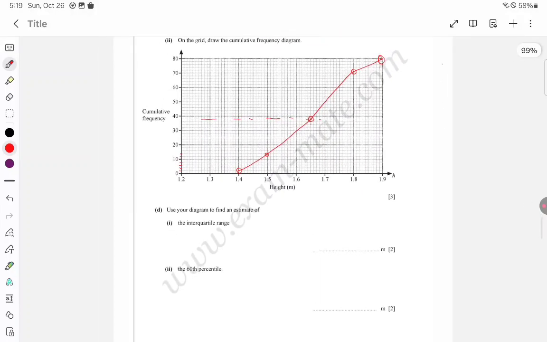Now what is asked: use your diagram to find an estimate of the interquartile range.